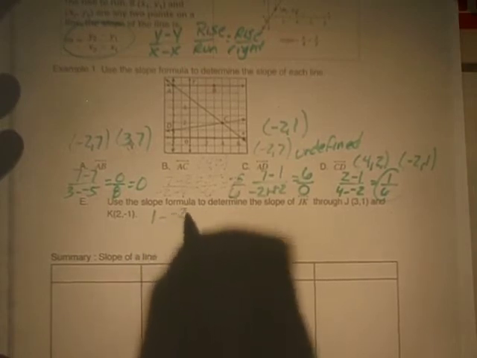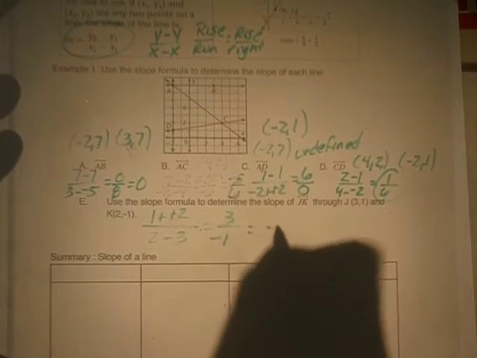Letter E, use the slope formula to determine the slope of JK. J is 3, 1, K is 2, -1. I am going to do 1, subtract a -2, y minus y, over 2, subtract 3. And when you zip-zap that, you end up with 3 over -1, which will be a -3.